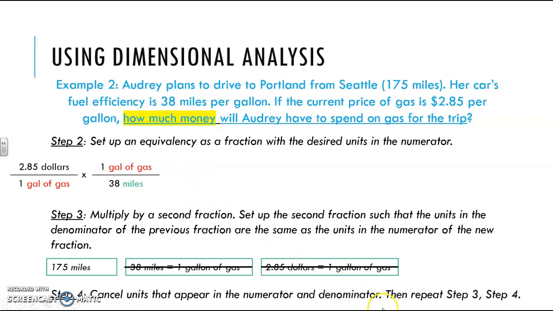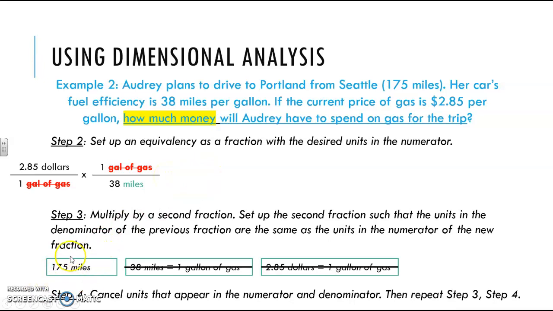Then we're going to cancel the units that appear in the numerator and the denominator. Just as before, we saw that when we have units in the numerator and in the denominator, they will cancel out. So I can cancel out these units. Then we're going to repeat step 2. I'm going to look at the units from the last fraction in the denominator as miles. That means my next fraction should have miles in the numerator on top.